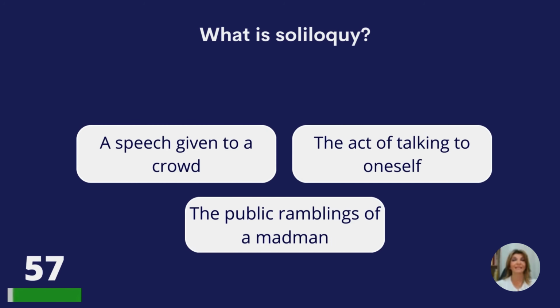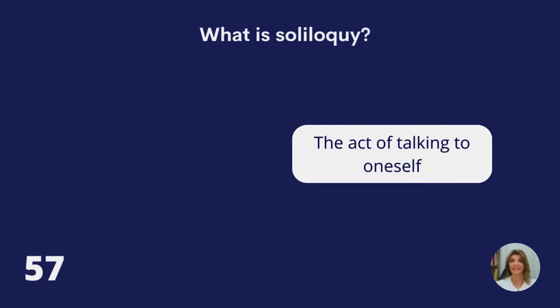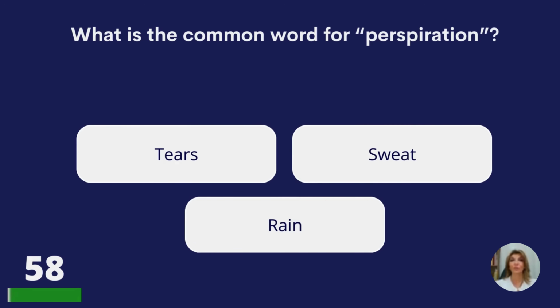What is soliloquy? A speech given to a crowd, the act of talking to oneself, or the public ramblings of a madman? The act of talking to oneself. What is the common word for perspiration? Tears, sweat, or rain?